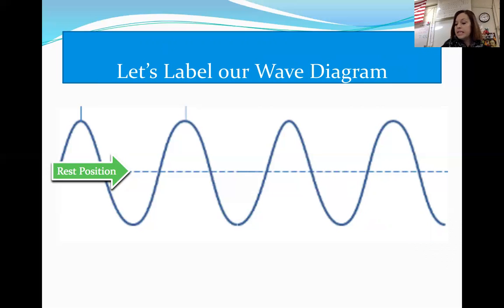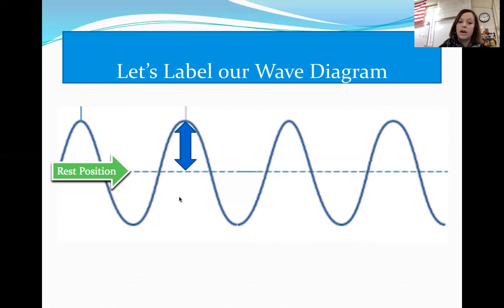Okay, so when you're resting, you're sitting still, right? And rest position is that line across the middle that we're going to use to compare the size and the movement of the wave. So if you didn't already do so, please label that middle line rest position. Good job.